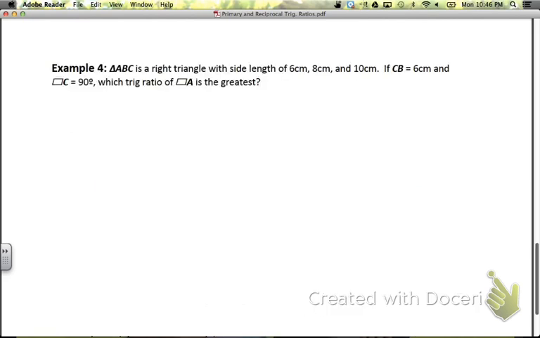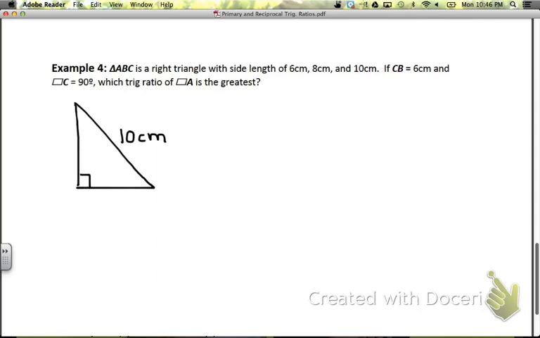Now in our last example, we have triangle ABC, which is a right triangle. So I'm going to draw my triangle ABC here. It also has side lengths of 6, 8, and 10. Since my hypotenuse is always my largest side, this side here is 10 centimeters.